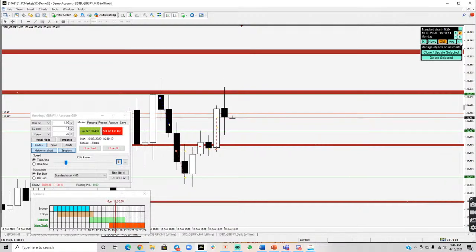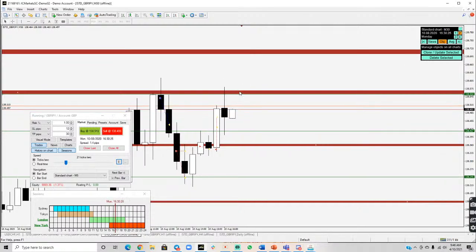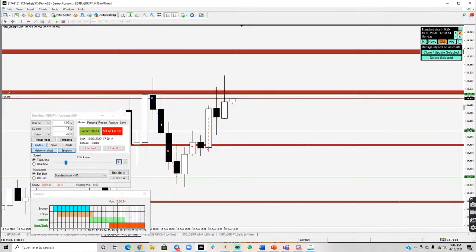Yes, so I don't like the current market structure. Maybe if price closes above here, we can get a buy, but I'm just not liking the current market structure, to be honest.